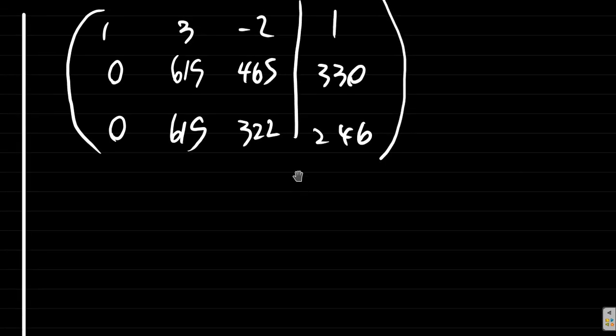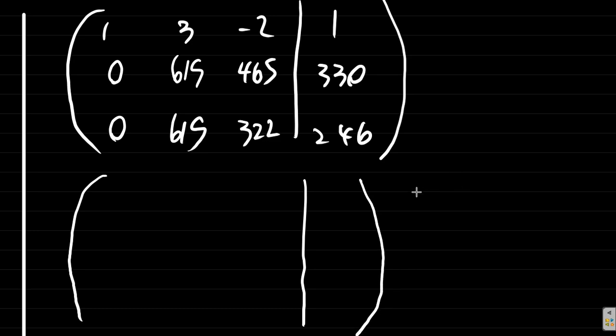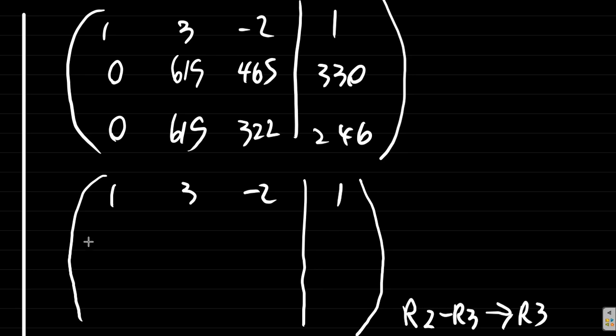Now, what we're going to do in the new matrix is say row 2 has the larger numbers. Row 2 minus row 3 will lead to our new row 3. All right? So row 1 remains as it is: 1, 3, negative 2, 1. Row 2 remains as it is: 0, 6, 15, 465, 330. But row 3 will change.